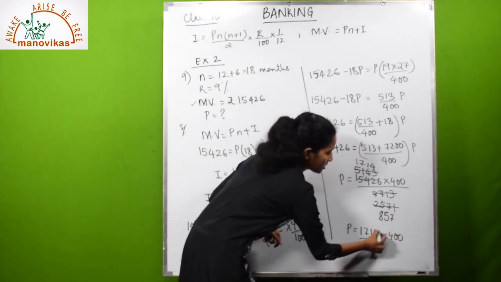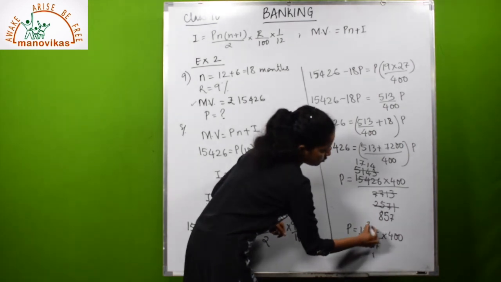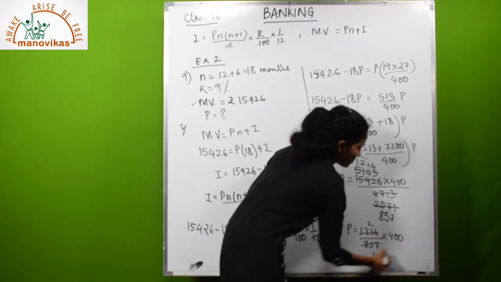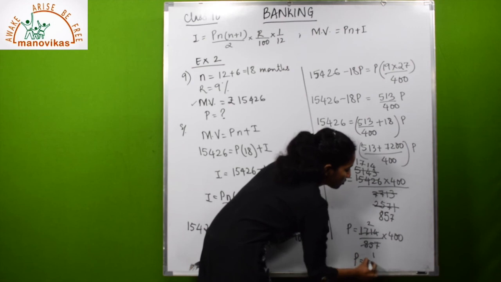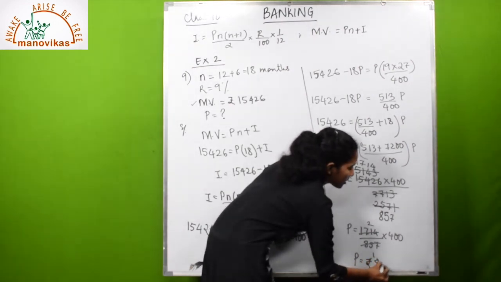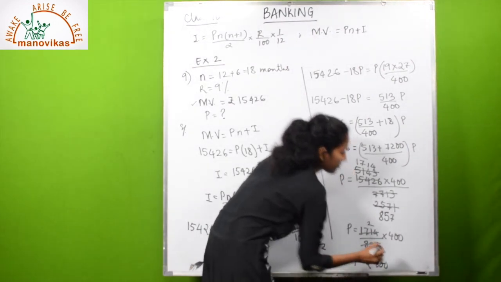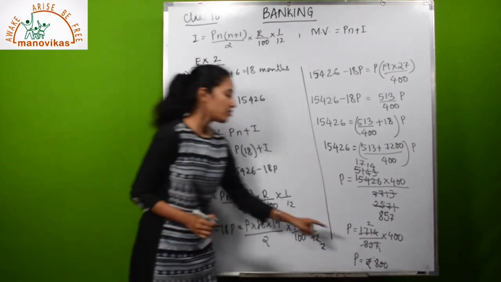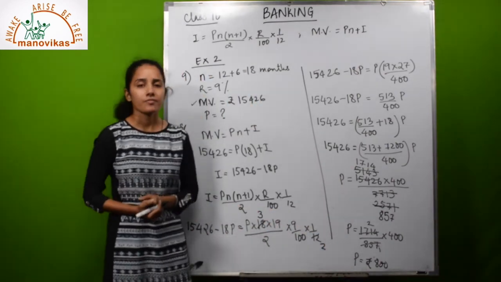This is 1 into 2. Yes. So therefore P is equal to rupees 800. So therefore the principal over here is rupees 800. Thank you.